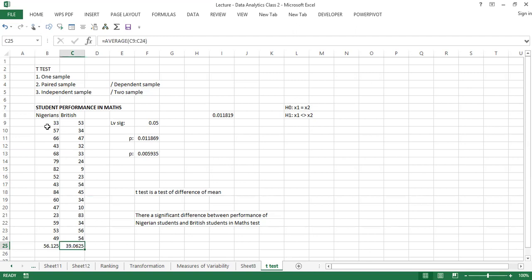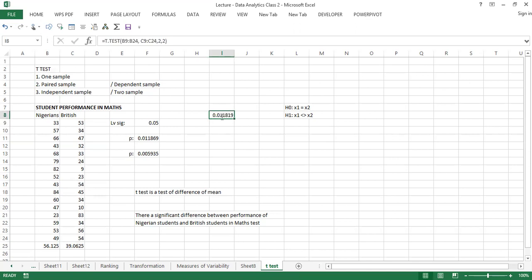This is fictitious data from a fictitious institution, right? We've already seen what the t-test is. We've seen what one sample, test sample, and independent sample t-test represents. In our example, we are setting our alpha, which is the level of significance, to 5%, 0.05.